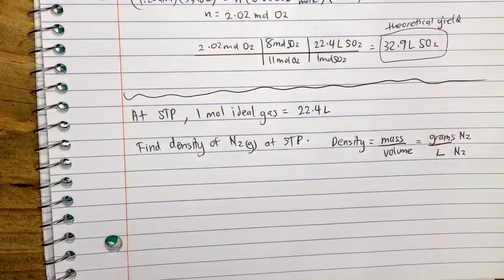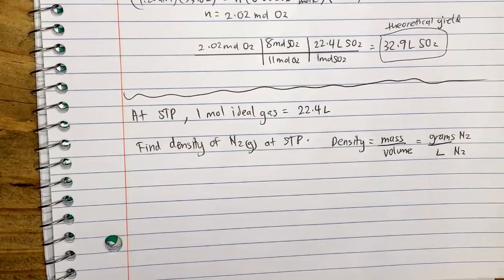Now density is an intensive property. Agree? Intensive property does not change with the amount. A little bit of gas, the density is blah, blah, blah. A lot of gas, the density is the same. Okay? So what is a convenient amount to use then? If it didn't matter how much gas you had, I would pick 1 mole of gas, okay?